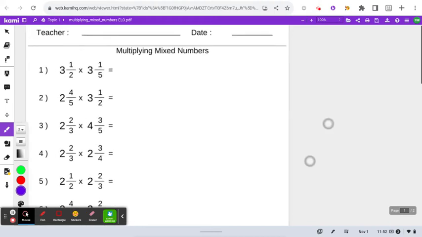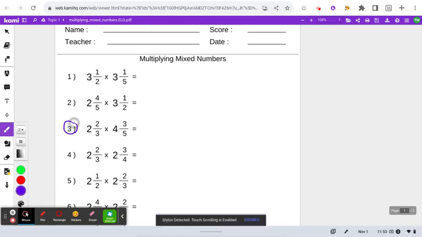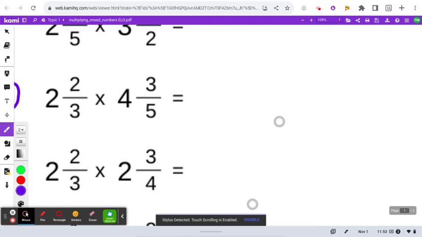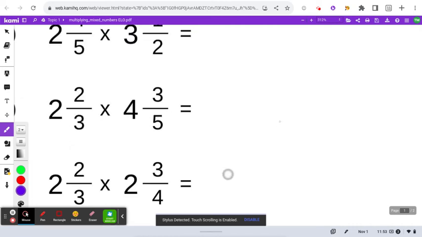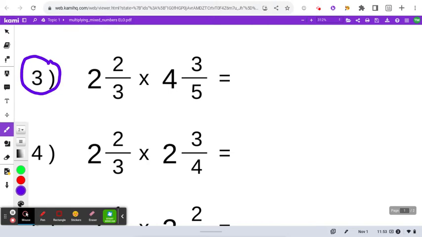Okay, I'm going to be doing numbers 3, 5, 7, and 9 from the worksheet. So I'll get started here with number 3. First step for number 3 and for all of these is to do the backward C for the mixed fractions.